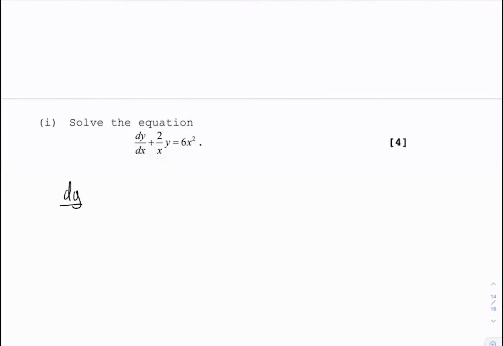So what is a first order linear for those who are wondering? Once you have a differential equation that is in this form, dy/dx plus p of x times y equals q of x, then we say that this differential equation is a first order linear differential equation, okay? So we have to look out for that form.